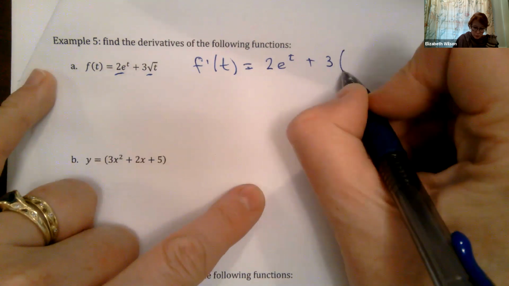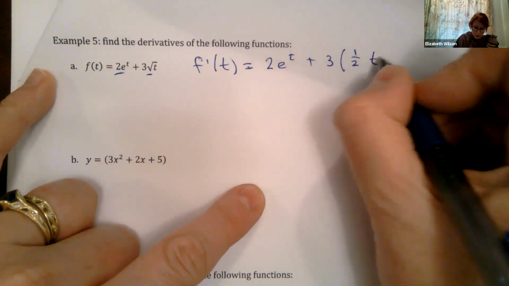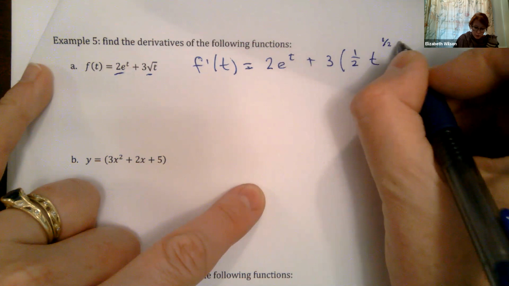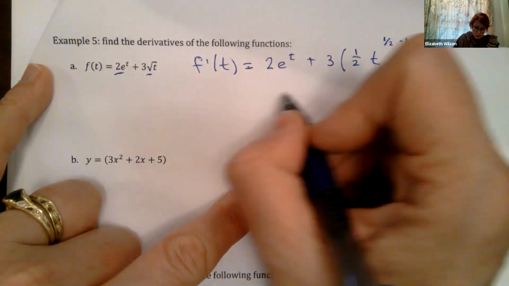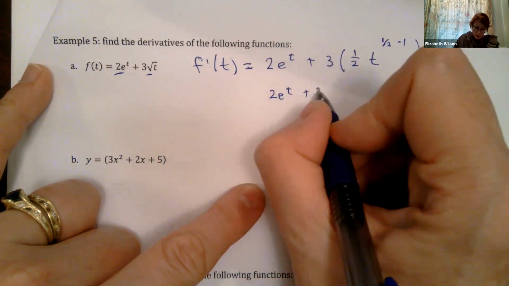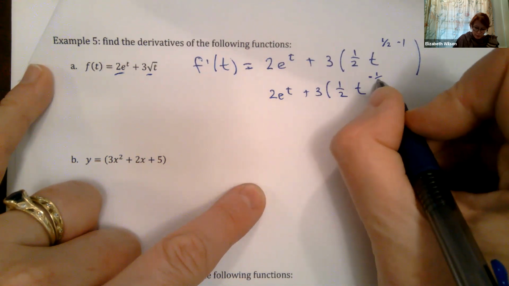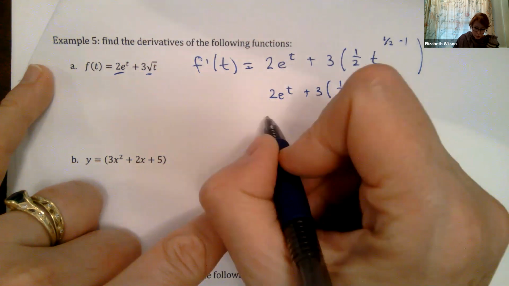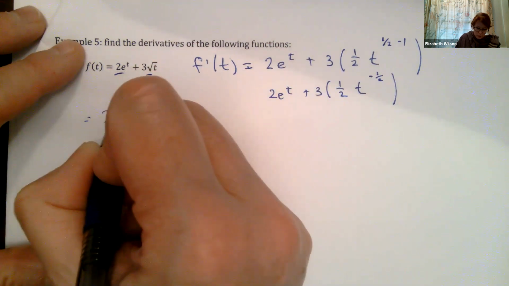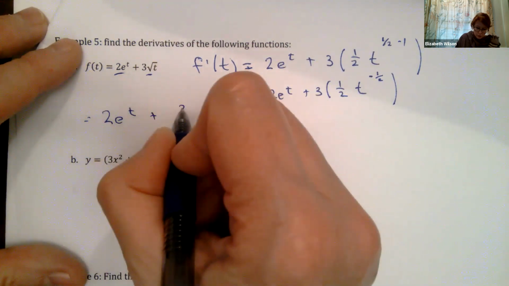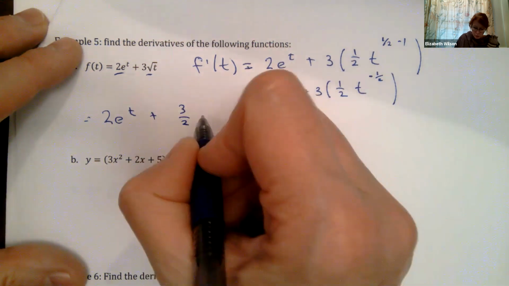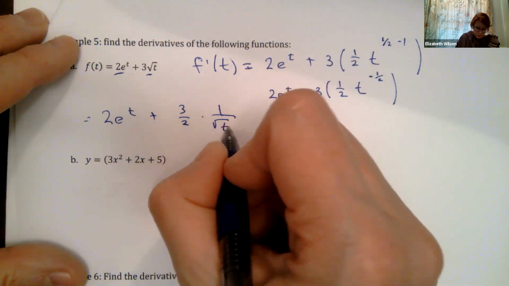So this is going to become 1/2 t to the 1/2 minus 1. So this is 2e to the t plus 3 times 1/2 t to the minus 1/2, right? Which is 2e to the t plus 3/2 times 1 over radical t.